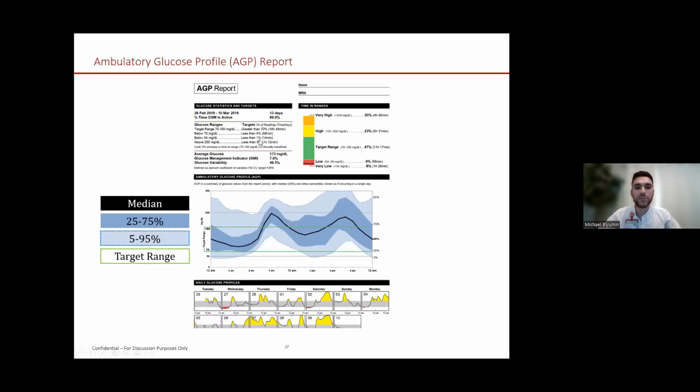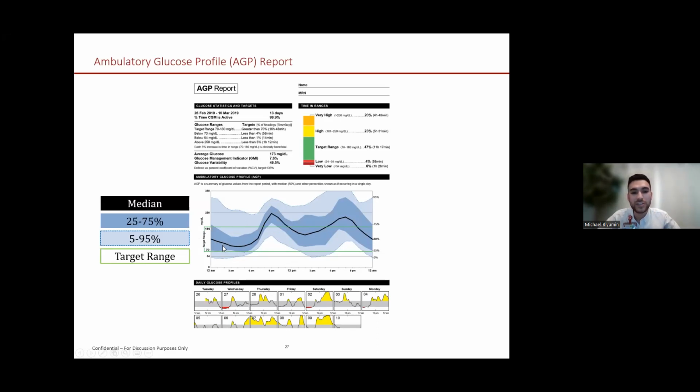Next, we see the ambulatory glucose profile, and what do these numbers and colors mean. So in this green square is the target range, 70 to 180. The black line in the middle, that's the median number. So the numbers that are in the middle throughout that time of day.